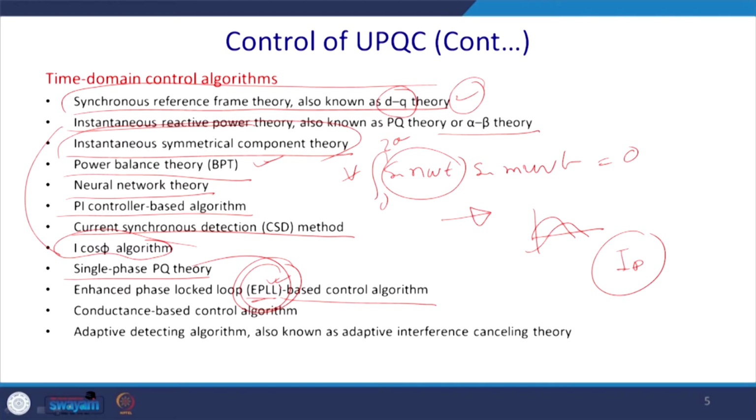Please understand that when the UPQC has been connected, the circuit behaves totally resistive. Thus, impedance will be minimum and the conductance will be maximum. So, ultimately we need to reduce the current in the system. The algorithm is based on that.